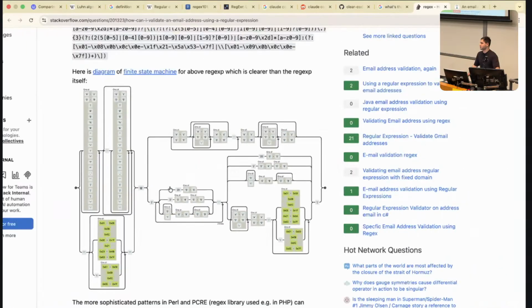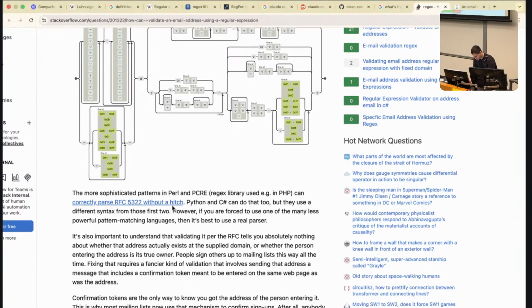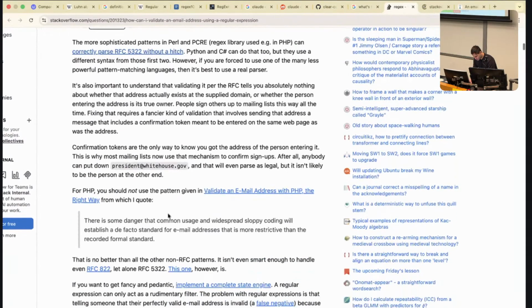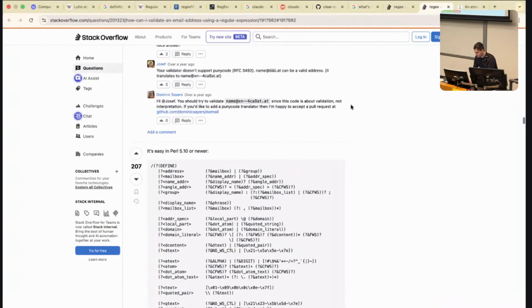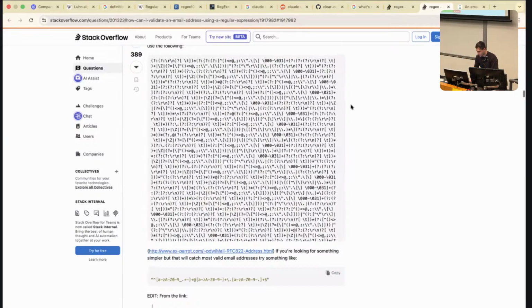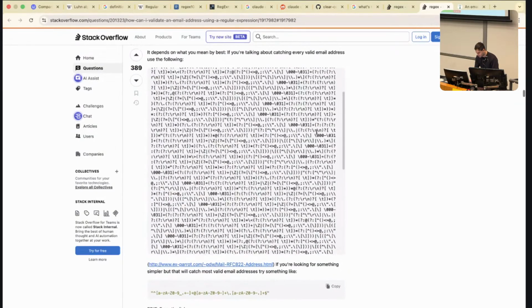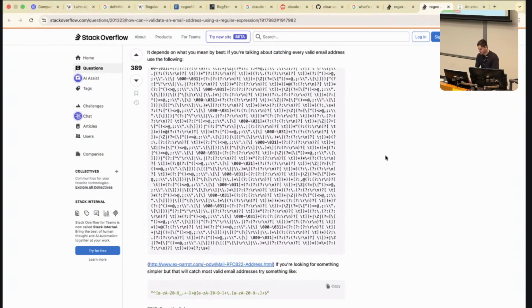Turns out you can do lots and lots of things with emails that are legal. Actually, most email regex is incorrect. Most email forms that validate emails do not actually correctly implement the correct email standards.